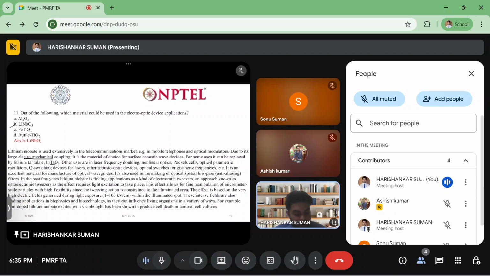Other uses are laser frequency doubling, nonlinear optics, Pockels cells, optical parametric oscillators, Q-switching devices for lasers, other acousto-optic devices, and optical switching for gigahertz frequencies. It is an excellent material for manufacturing optical waveguides.